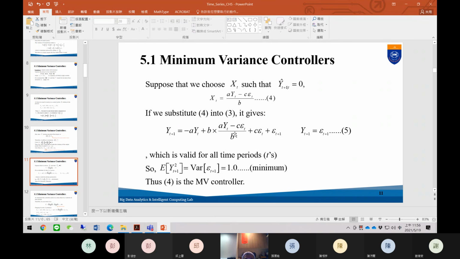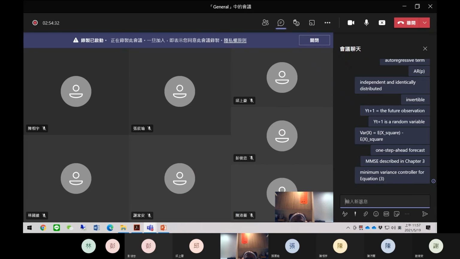They're going to cancel out. That's so cool. That is absolutely so cool. They cancel out this, and cancel out this. The only thing left is the future error.